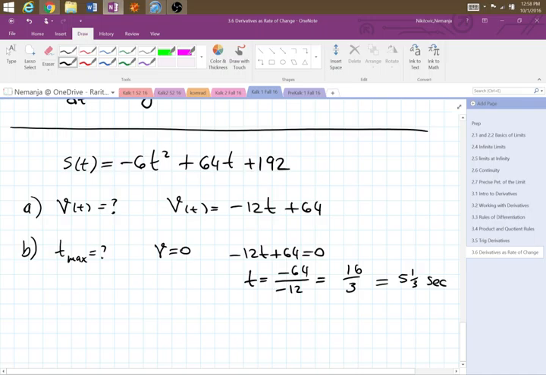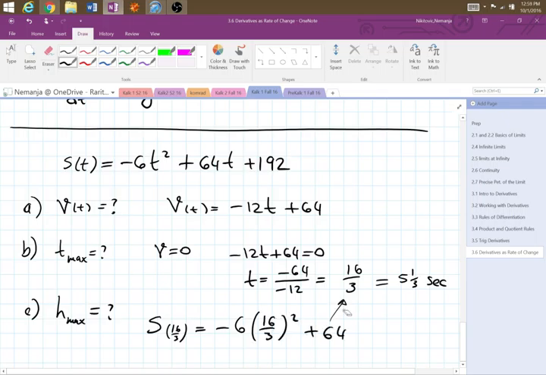What is the height of the stone at that point? Well, you have the time and you have the position function. Just plug in. So we need to find s of 16/3: minus 6 times 16/3 squared, plus 64 times 16/3, plus 192.